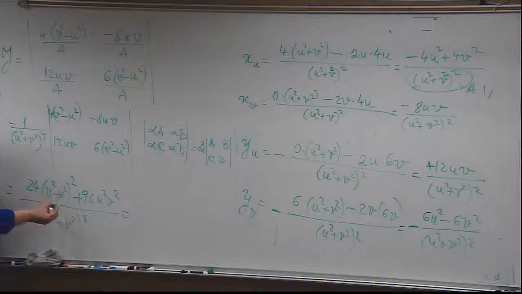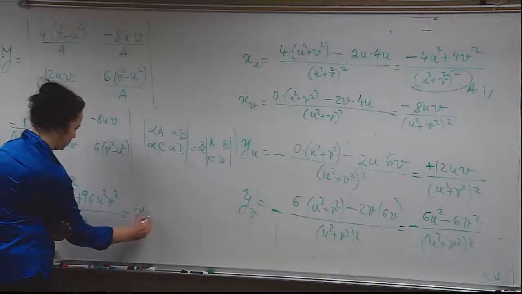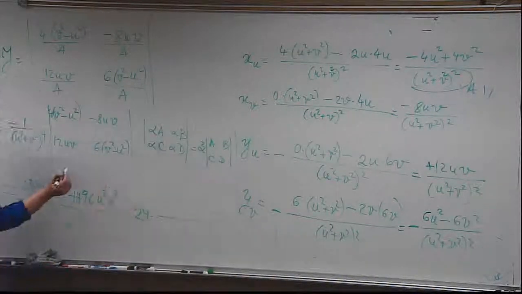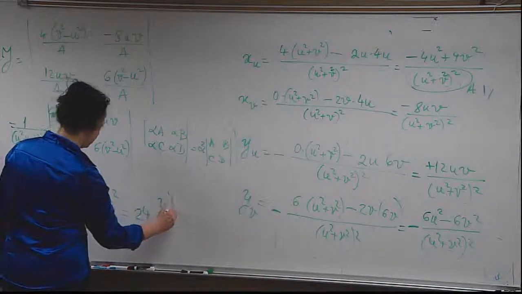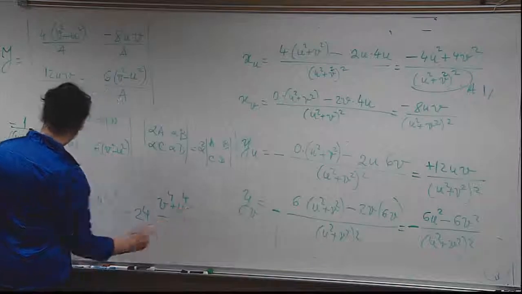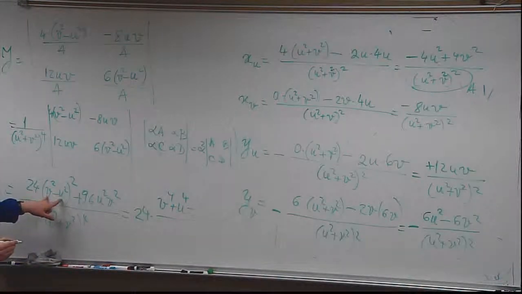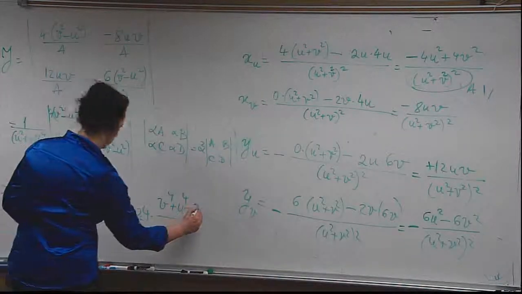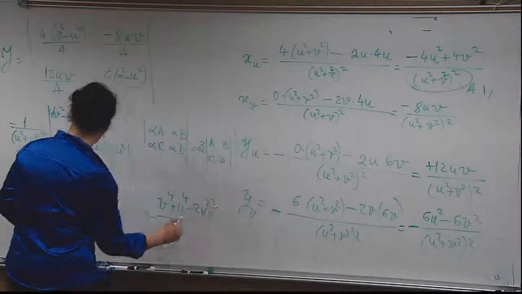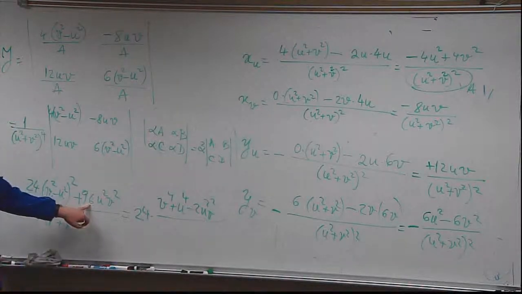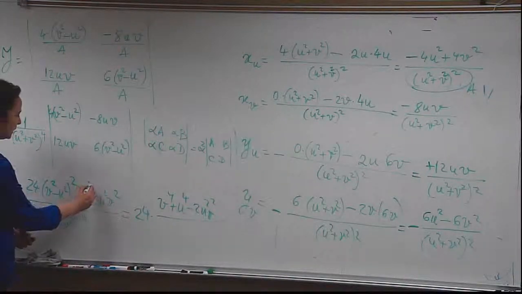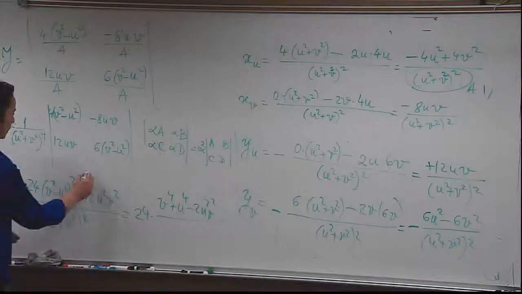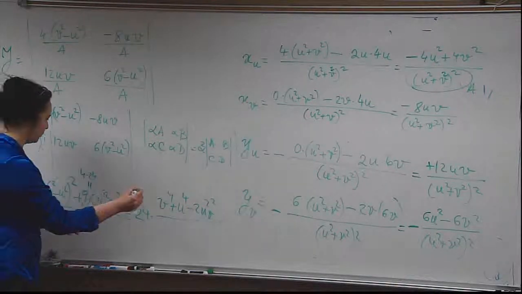So we can pull the 24 out and get it out of our life, because it drives us crazy. And then you have v to the 4 plus u to the 4 minus twice. Was that the binomial formula? Minus 2 u squared v squared. What was left when I pulled this out? I pulled 24 out, and 196 is what times 24? 4. So I had a 4 left.